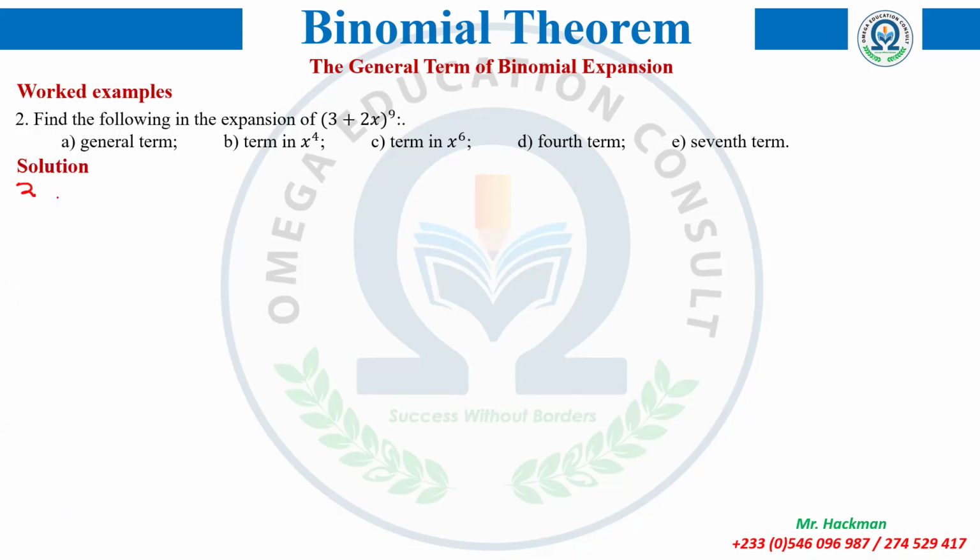Question number 2: what information can you extract? The binomial you are asked to expand is given as (3 + 2x) all to the power 9. Is that clear, my professors?